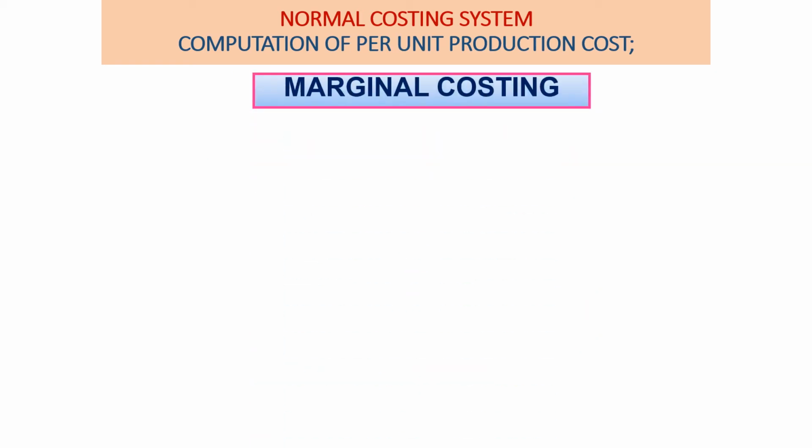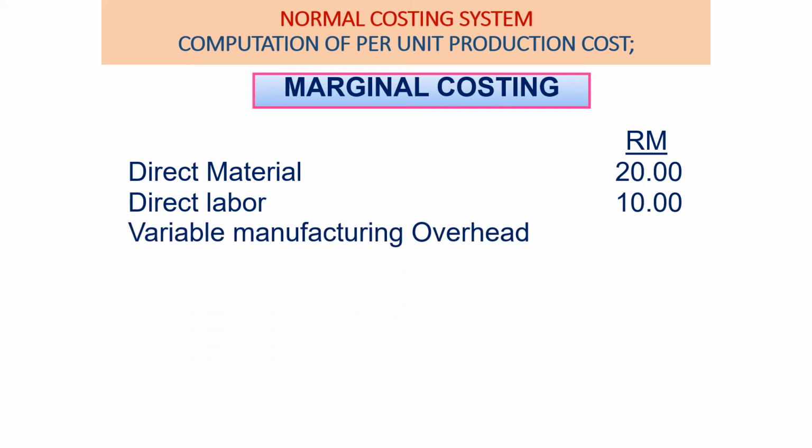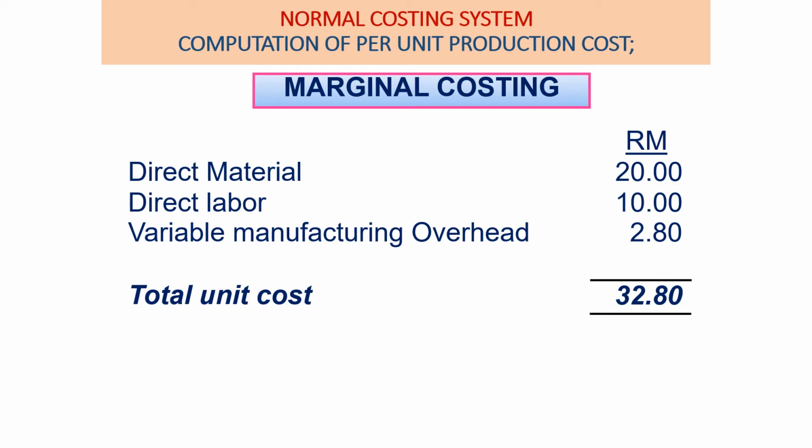By using marginal costing, you have direct material actual 20 ringgit, direct labor actual 10 ringgit, and variable manufacturing overhead 2 ringgit 80 cent, meaning the total unit cost for marginal costing is 32 ringgit 80 cent.